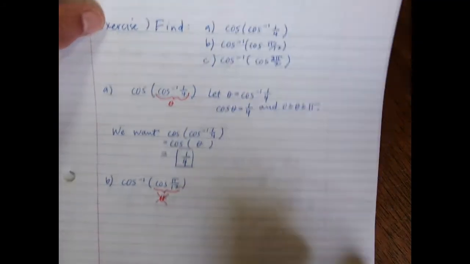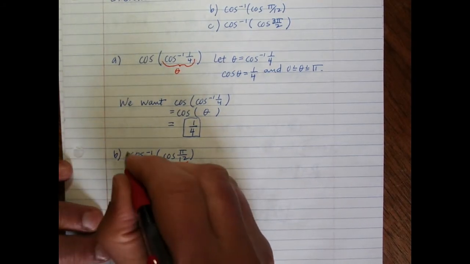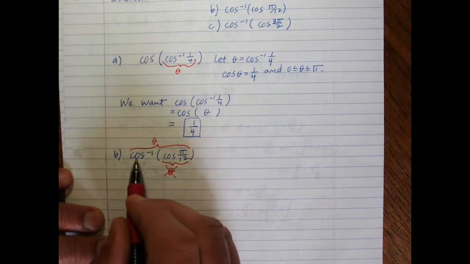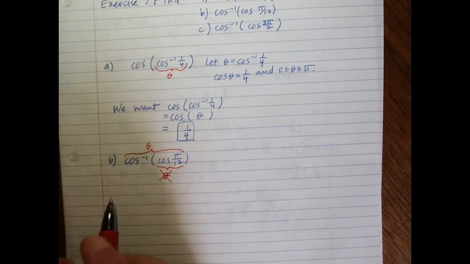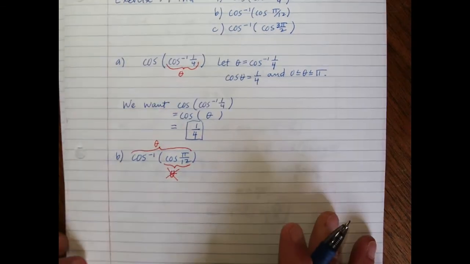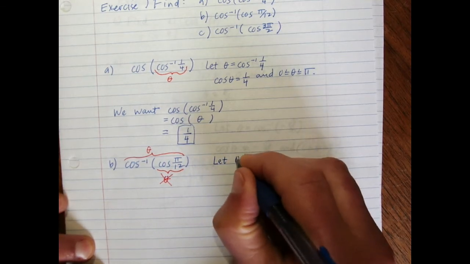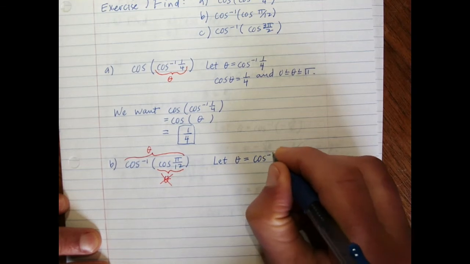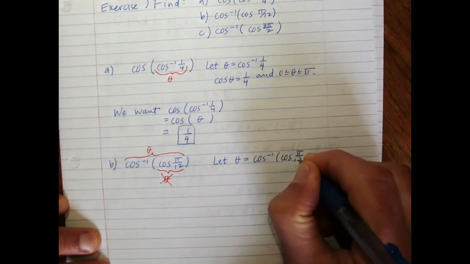So what I can do, though, is let this entire quantity be theta, because on the outside I have the inverse cosine. The output of that will be an angle. So it does make sense here to say let theta be the entire thing, cosine inverse of cosine pi over 12.